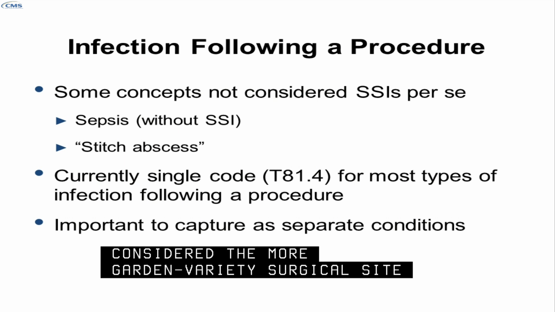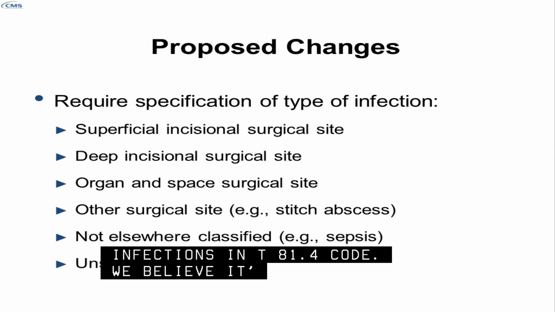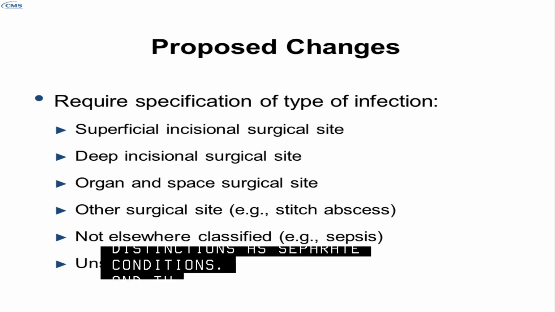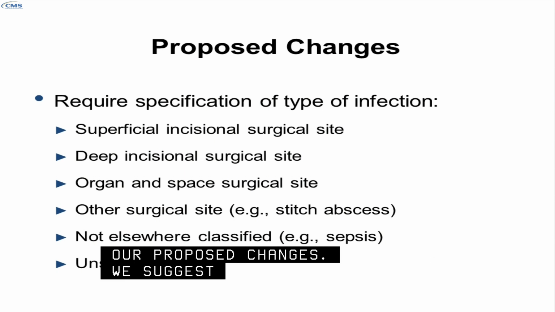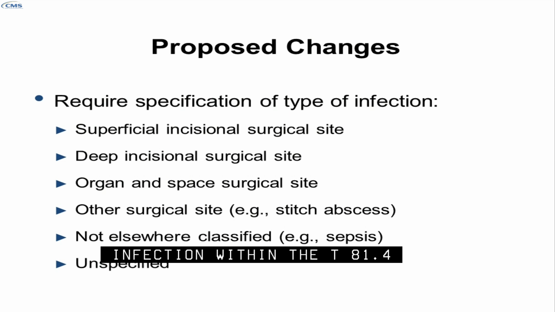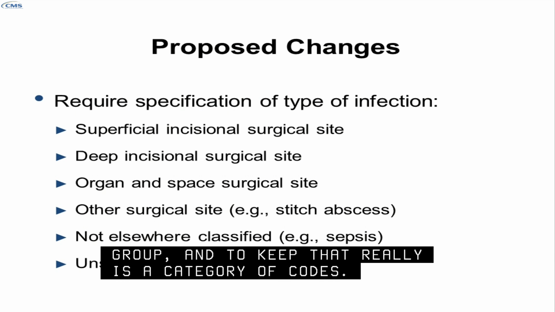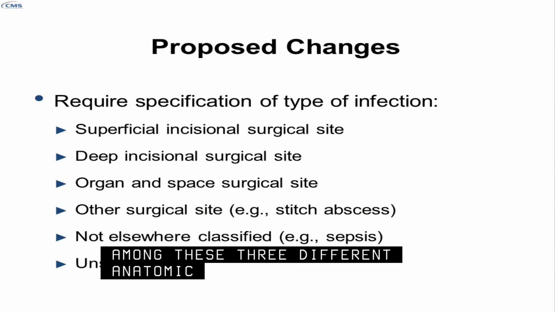We believe that it's really important to capture some of these distinctions as separate conditions, and that's really the basis of our proposed changes. We suggest that it would be worthwhile to require specification of the type of infection within the T81.4 group, and to keep that as a category of codes that would capture distinctions among these three different anatomic categories: superficial incisional, deep incisional, and organ space infections.